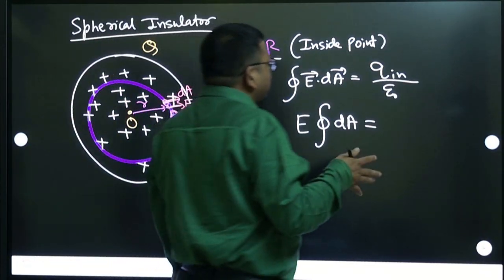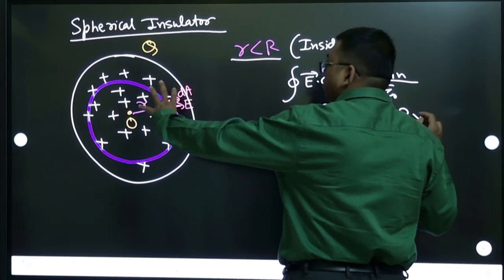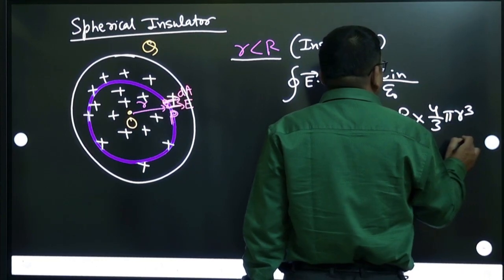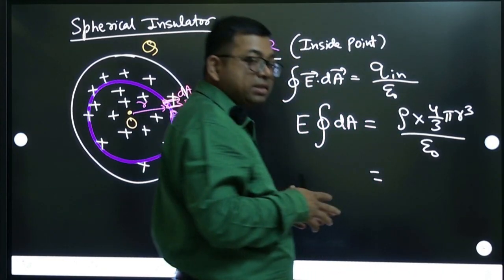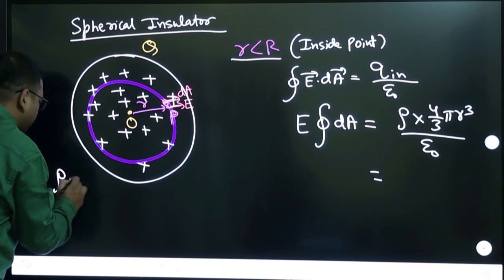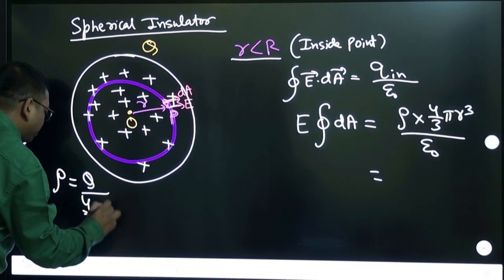Charge inside is the volume charge density into the volume of this, which is 4 by 3 pi r cube, divided by epsilon naught. Now you know volume charge density means total charge by total volume. So what is the volume charge density? Total charge is spread over a volume of 4 by 3 pi capital R cube.